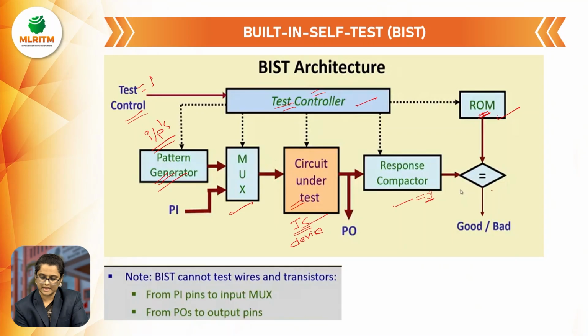If both are the same, that IC is good. If not equal, that IC is bad. Here PI means primary inputs and PO means primary outputs, and PI and PO are external pins. So these pins are not going to be tested. So this is the BIST architecture.